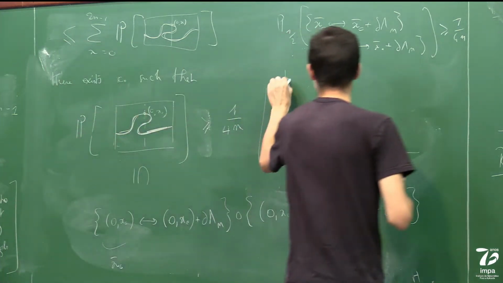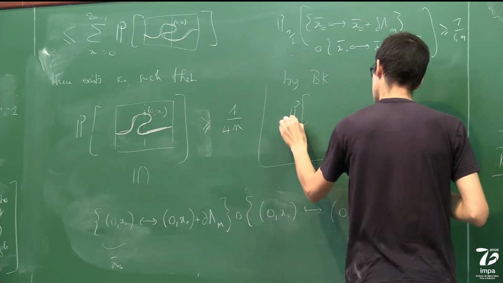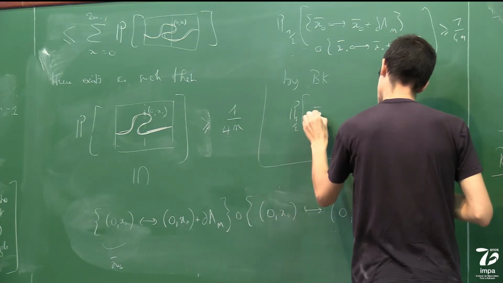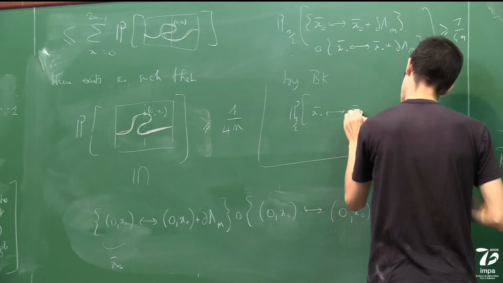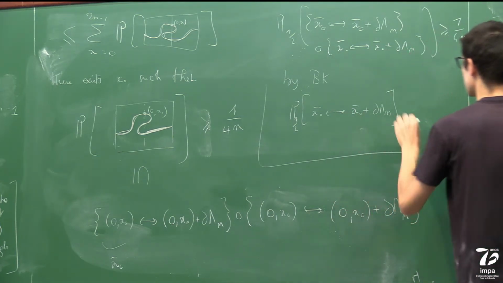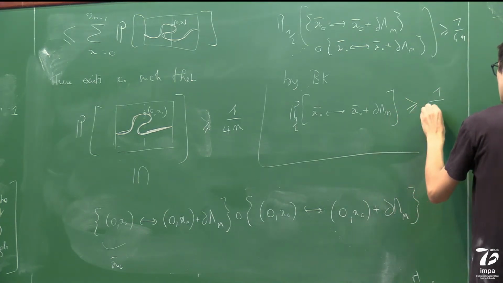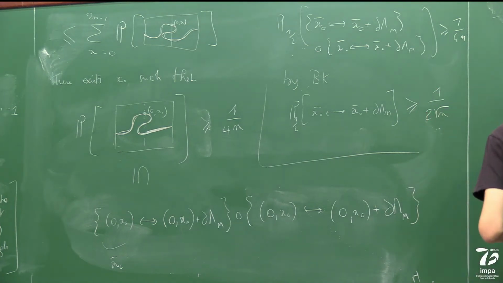So by BK, I get that the probability that x0 is connected to x0 plus n is larger than 1 over 2 square root of n.